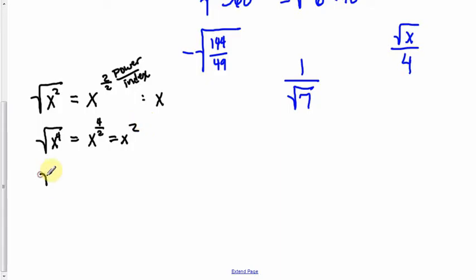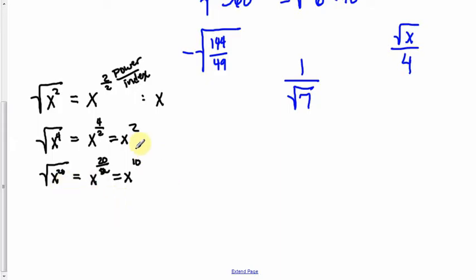What about the square root of x to the 20th? That would be x to the what? 20 divided by 2 is what? 10. Okay? Why is this true?